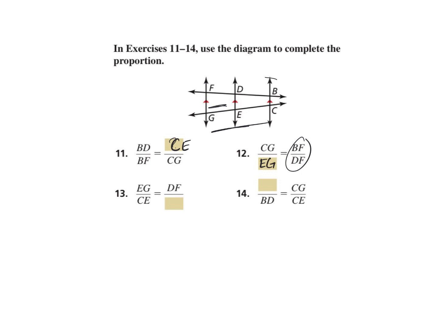Okay, we'll erase all that and do the next one, number 13. EG, this little one right here, is to CE as DF is to what? DB. Okay, good, and we'll just do this in blue. CG, the whole length, is to CE as something is to BD. Well, the whole length would be BF. Okay, good.